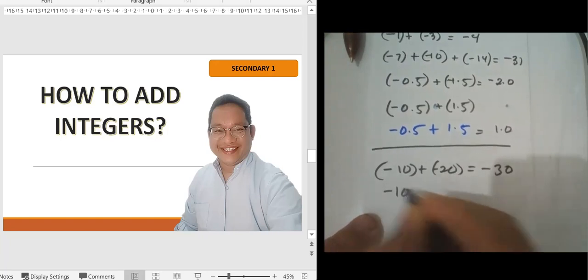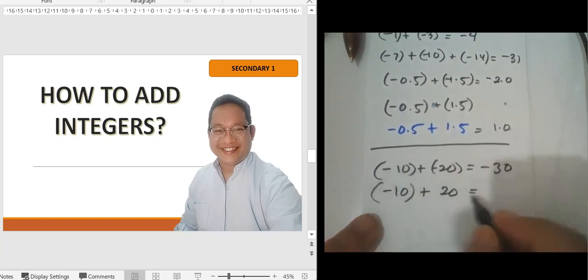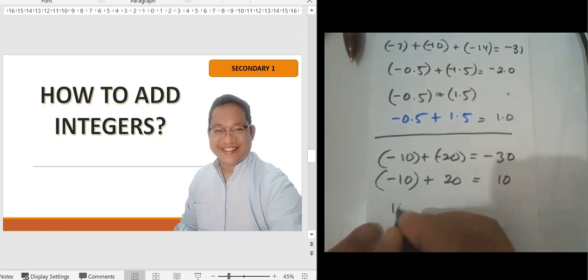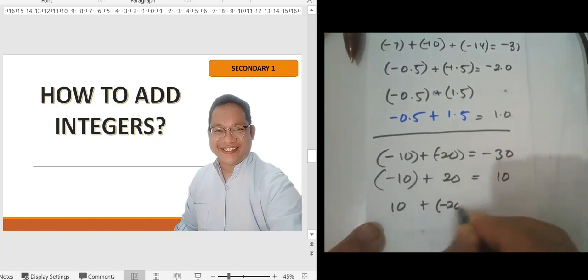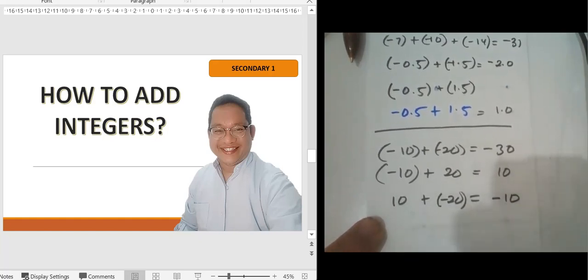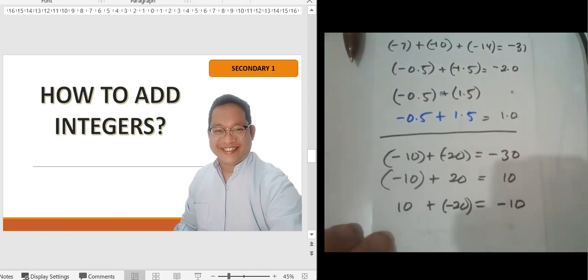If, for example, it's negative 10 plus 20, you simply subtract them. 20 minus 10 is 10, and copy the sign of 20 because that's the bigger one, which is positive. Now, if you reverse it, let's say 10 plus negative 20, this is now equal to negative 10. All right, so that's it on how to add integers. Thank you very much and hope you enjoy the lesson.